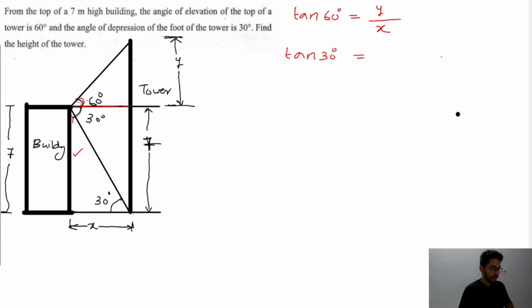The opposite side is 7, and the adjacent side is x, so tan 30 is equal to 7 divided by x. Substituting tan 30 equal to 1 by root 3, we get 1 by root 3 equal to 7 by x. Taking x to this side, x is equal to 7 root 3.